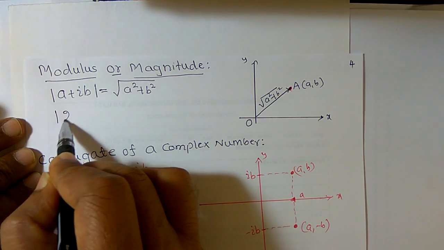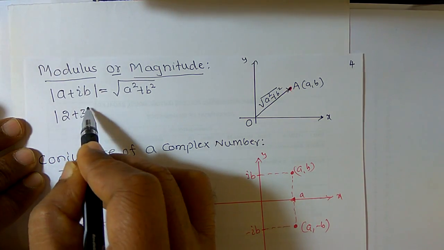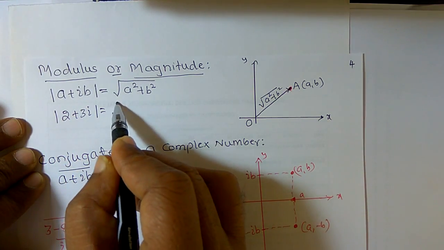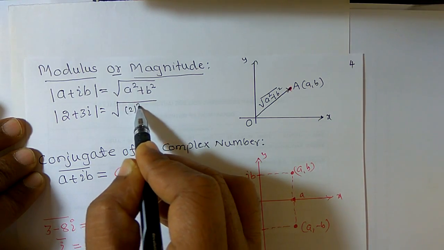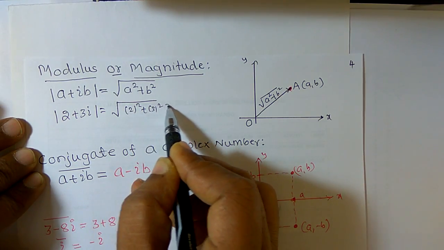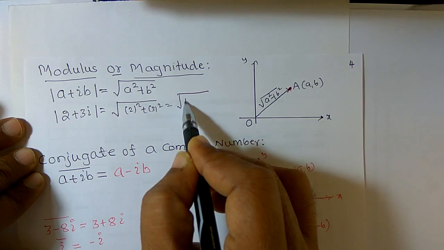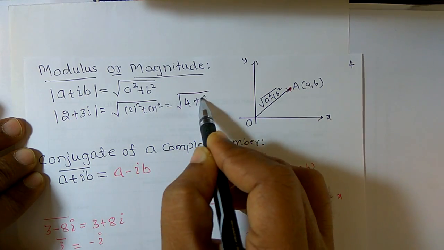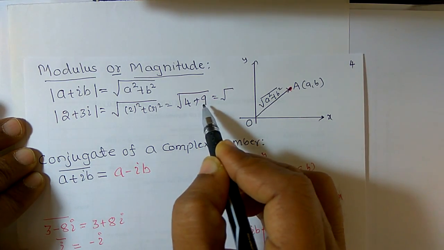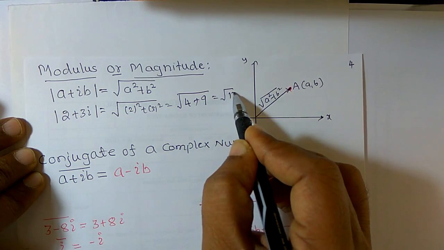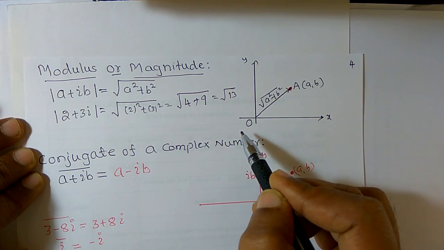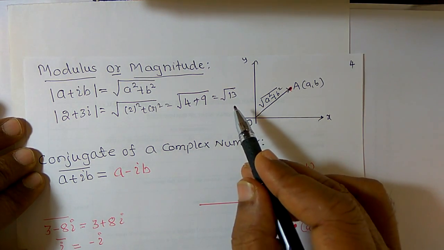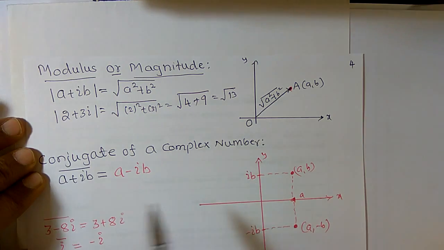In particular, you can take 2 plus 3i. It can be written as the square root of 2 square plus 3 square. So 2 square means 4, 3 square means 9. So what will you get? 9 plus 4, square root of 13 is the length of the vector, or sometimes we call it the modulus.